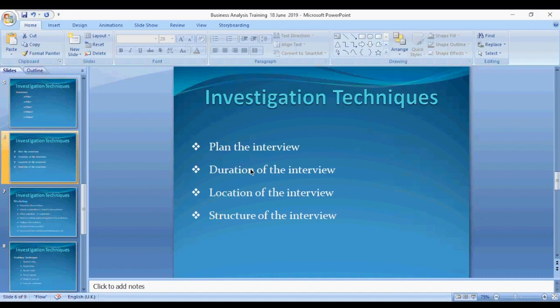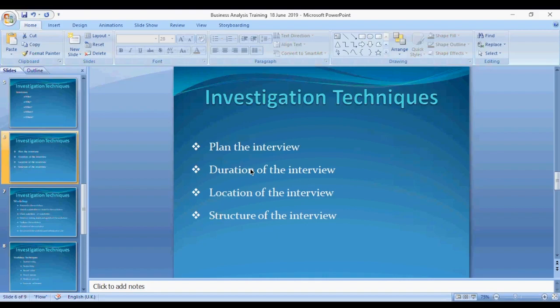So to make sure that we engage properly with the interviewee, it's always advisable to keep the interview to a maximum of 1 hour. If you can do 45 minutes or 30 minutes, fine. But it should not exceed 1 hour because that would be too strenuous for somebody to sit and be answering questions on the requirements. So the duration is also important.